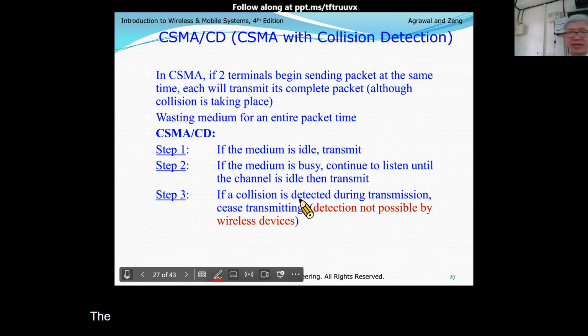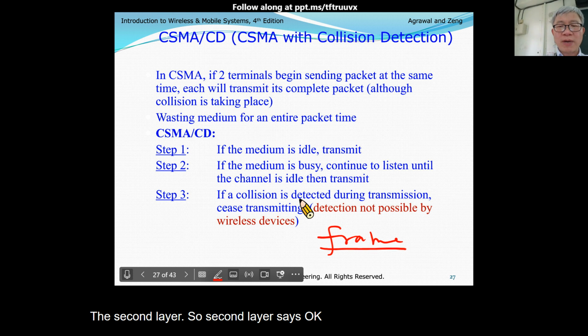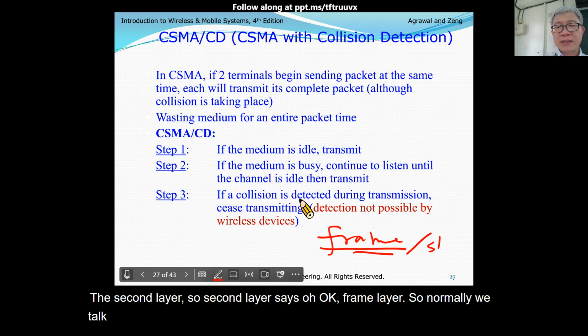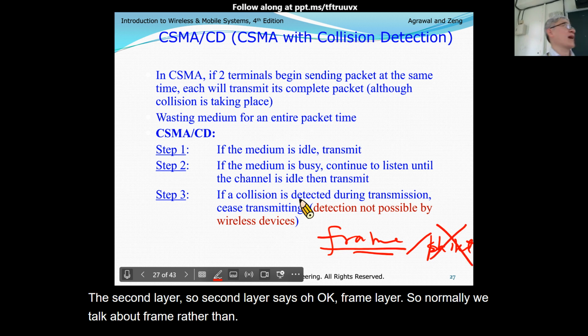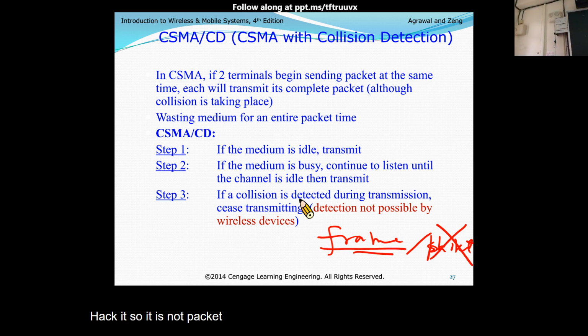So second layer says, oh, okay, frame layer. So normally we talk about frame rather than packet. So it is not packet at all. We pass on frame. So if we have the collision detected, then we cease transmitting the frames.